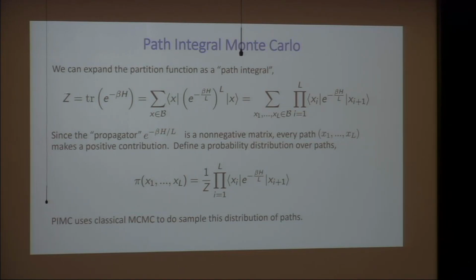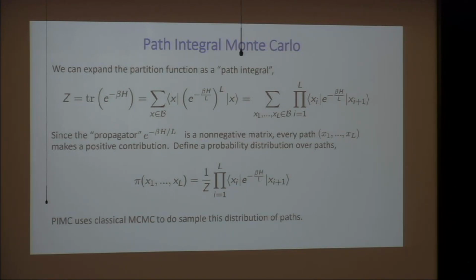So, here the partition function is a trace, where we've written the definition of the trace and split up e to the minus beta H into a product of several pieces of e to the minus beta H over L. And then in this step, we've inserted several complete sets of the identity, resolutions of the identity, in between the factors in that product.